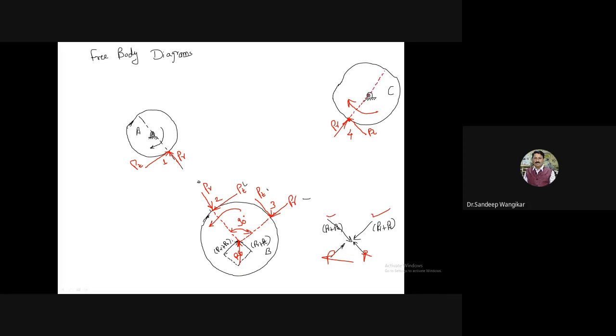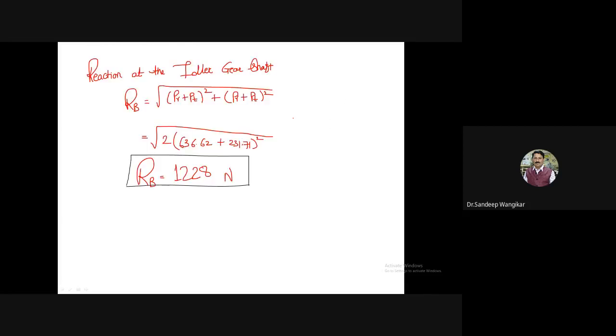Between gear A and B, the components PR and PT are shown. Between gear B and C, the components PR and PT are shown. How to take the directions is also explained. And how the reaction will act at shaft B, the idler gear shaft, was also calculated. And this is the final answer for the reaction.